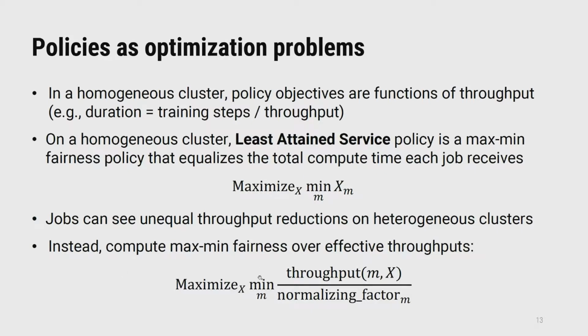It argues that since the throughput on different devices is different, whereas previously the throughput was considered the same on each device, you now need a normalization factor for job M, because the throughput of different jobs on different devices is different. And then you rewrite this max-min into a new objective: max-min of the throughput over the normalization factor for that individual job.